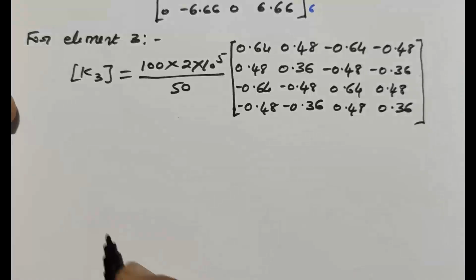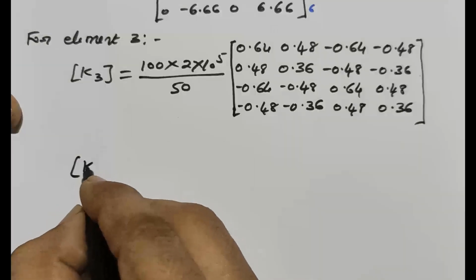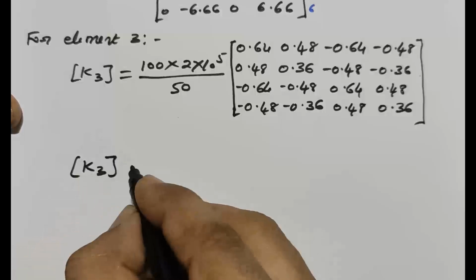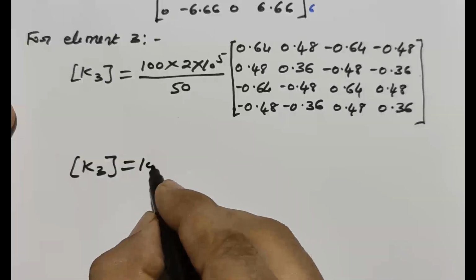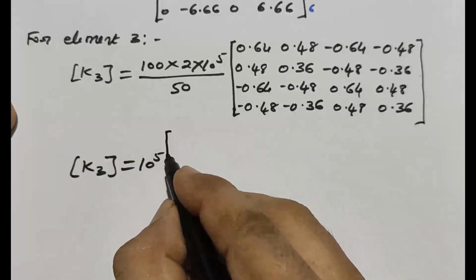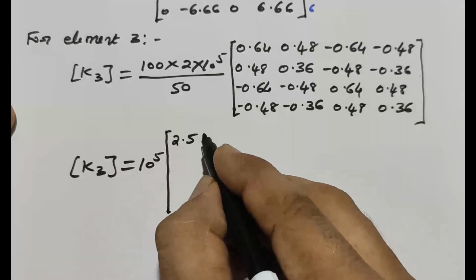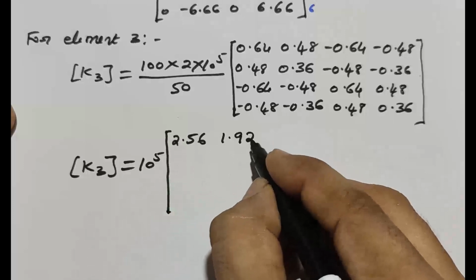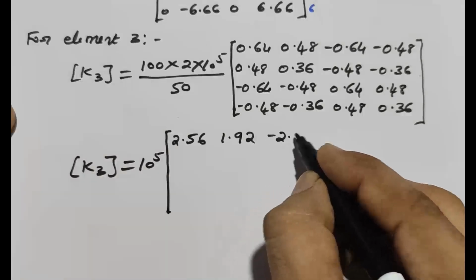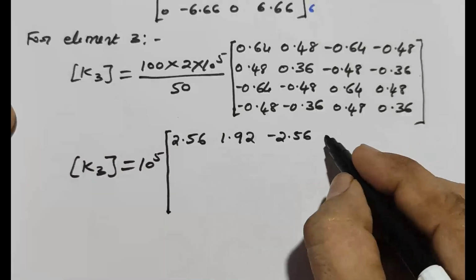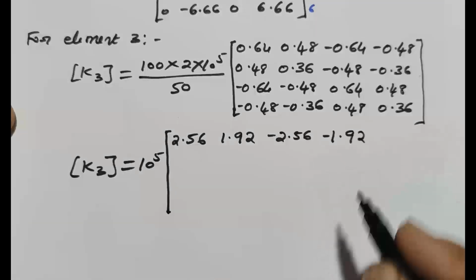If you simplify this, we will get K3 is equal to 10 to the power of 5 outside and inside 2.56, 1.92, minus 2.56, minus 1.92.